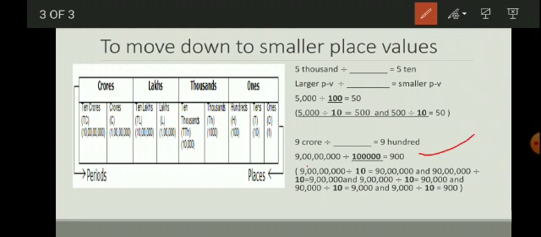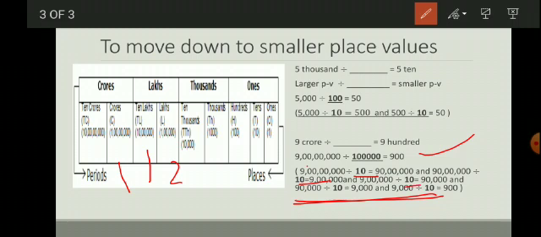I have given clear steps in the brackets. See here, 9 crore divided by, the first step is 10 lakhs you have to move, no? So divided by 10, so 90 lakh. Then 90 lakh divided by 10 because you have to move to the lakhs place, so 9 lakh.